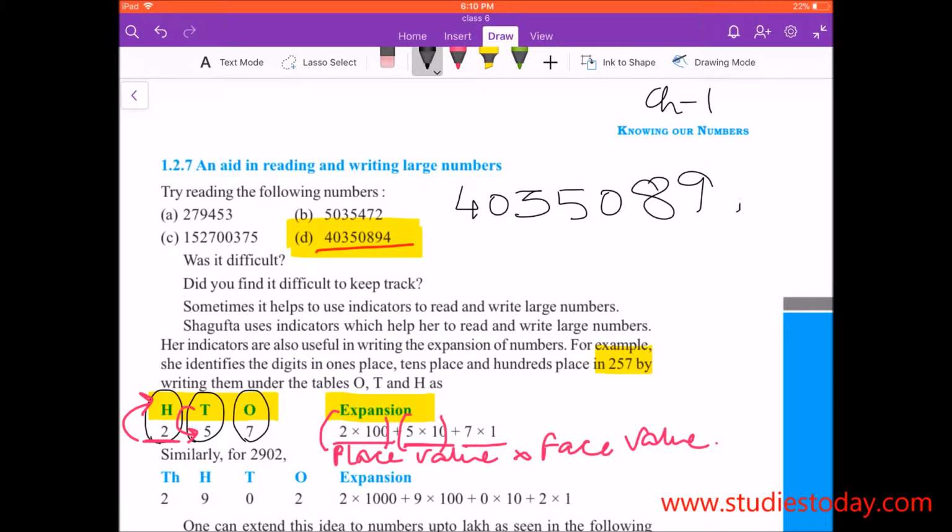If somebody asks you the number, you might say it like that. But if I make use of the Indian system of numeration, I'll put the comma according to the periods, and it will be very easy for me to read the number as 4 crore 3,50,894.